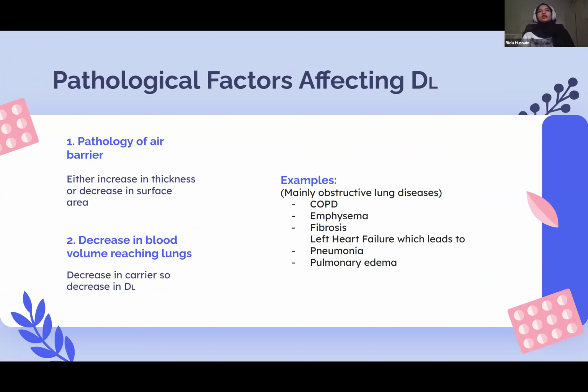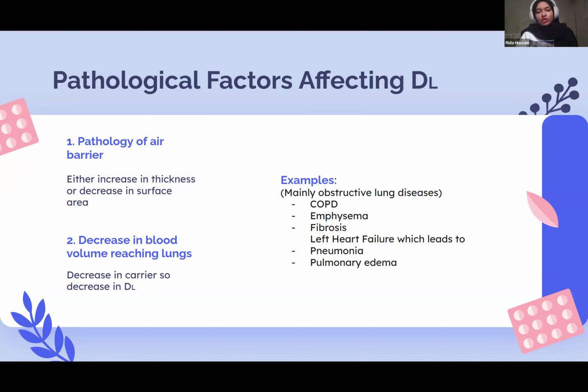So if there is a pathological condition like asthma or COPD or fibrosis, let's take fibrosis because it's easier to imagine. What happens in fibrosis is that it causes the walls to thicken, which increases thickness, decreases surface area, which in turn will decrease diffusion capacity. It's very much linked to the equation if you link it back, okay?